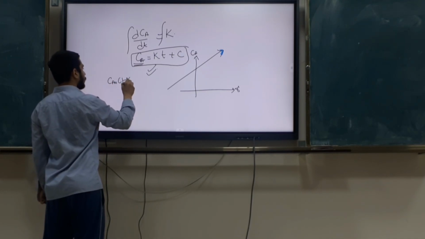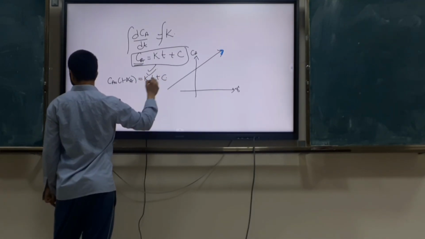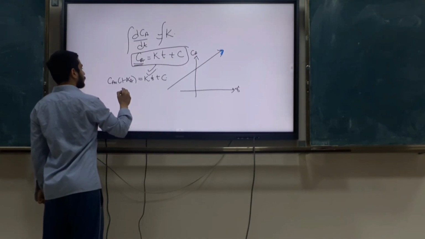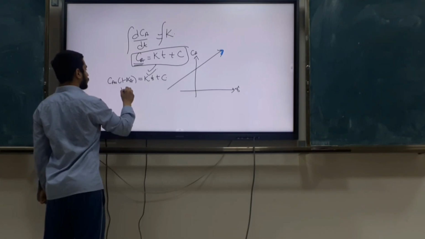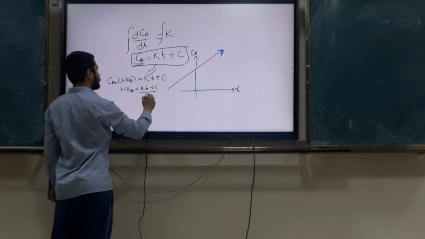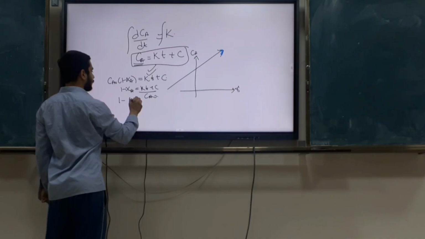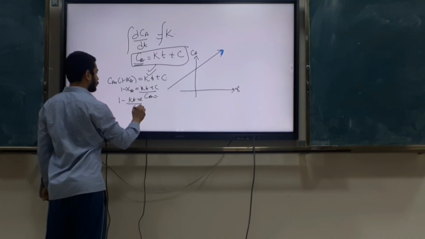Ca naught into 1 minus Xa is equal to Kt plus C. So 1 minus Xa is equal to Kt plus C by Ca naught.